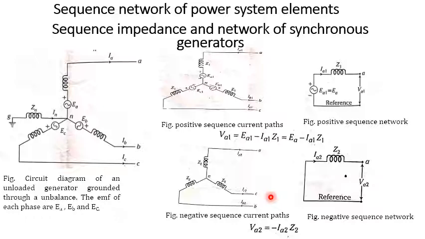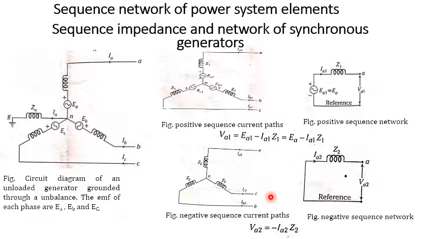So this field does not encounter the same opposition as the positive sequence field, which rotates at synchronous speed. So these currents at double the stator frequency are induced in the rotor field and damper windings.